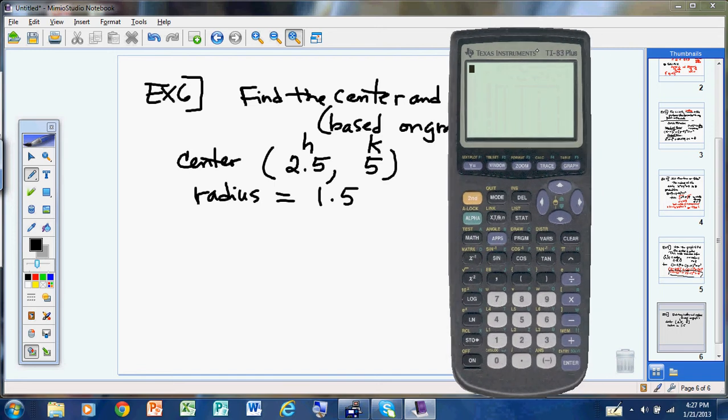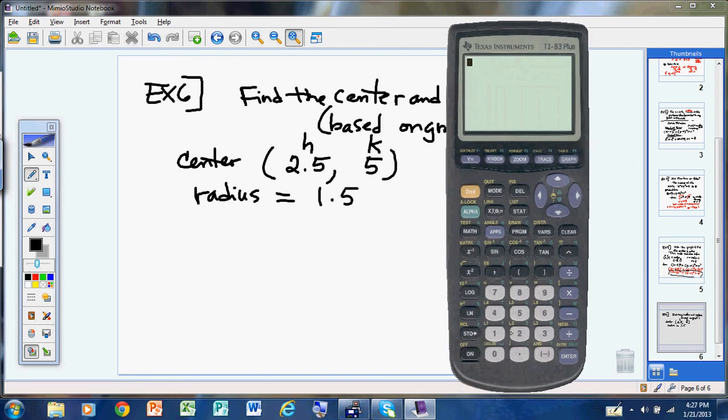With this, we have 2.5, but I don't want to leave it in decimal form. So go to your math button, which is right under the alpha. Click that. Number 1 is already highlighted. It's saying convert that to a fraction. Hit your enter. It's converting 2.5 to a fraction.